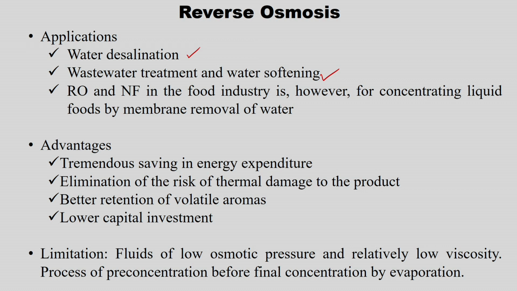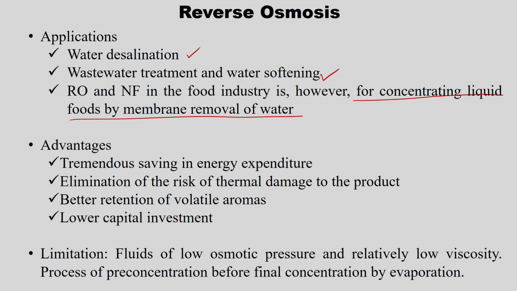RO and NF in the food industry, however, are for concentrating liquid foods by membrane removal of water. Most reverse osmosis applications are related to wastewater treatment, but in the food industry we use it to concentrate liquid foods by membrane removal of water.